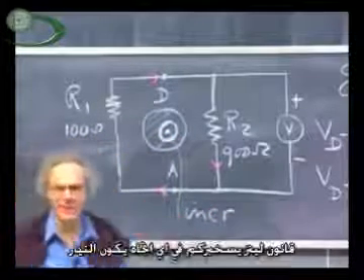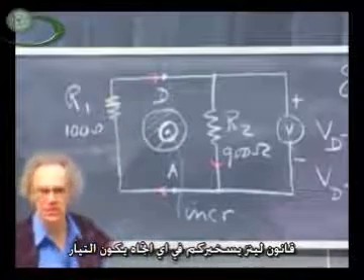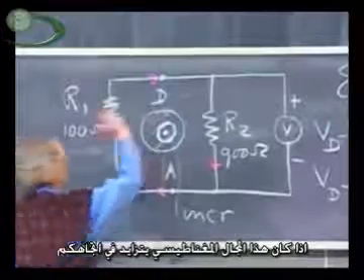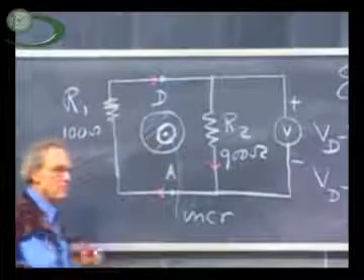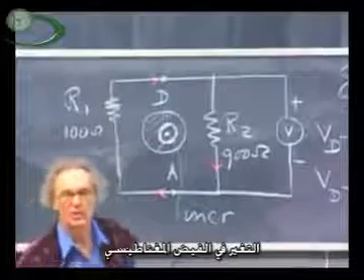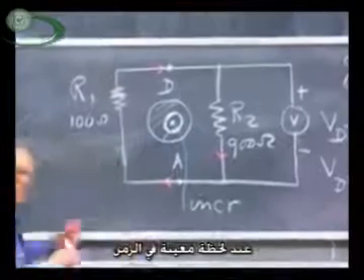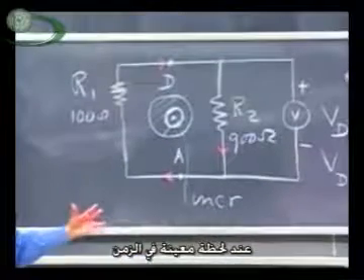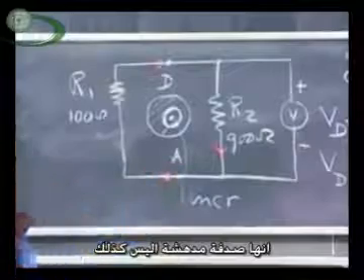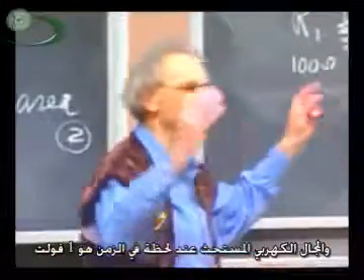Lenz's law will immediately tell you in what direction the current is. If this magnetic field is increasing towards you, the current will be in this direction. The magnetic flux change, d phi dt, at a particular moment in time, happens to be 1 volt. An amazing coincidence, isn't it? E induced at the moment in time is 1 volt.